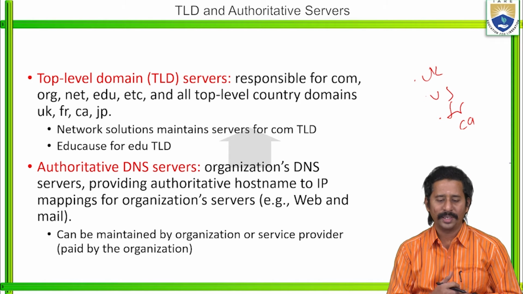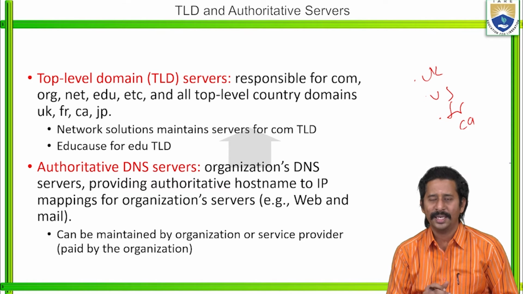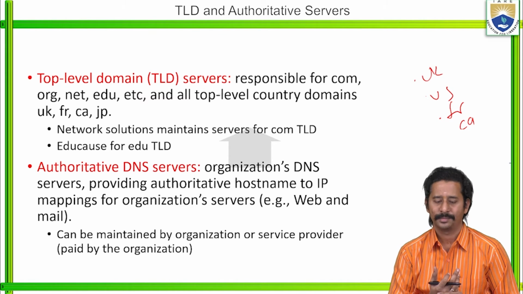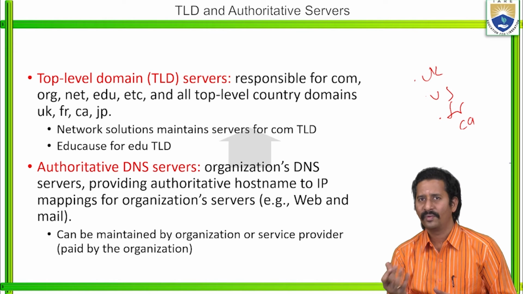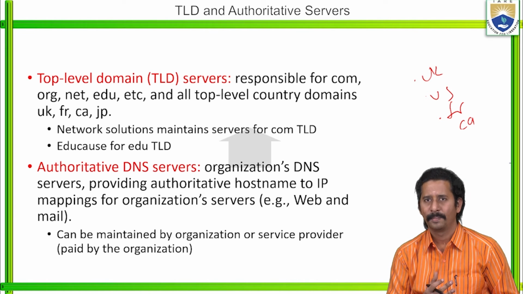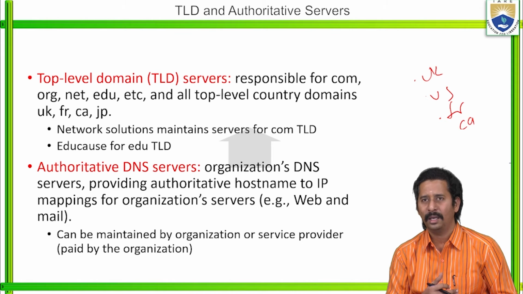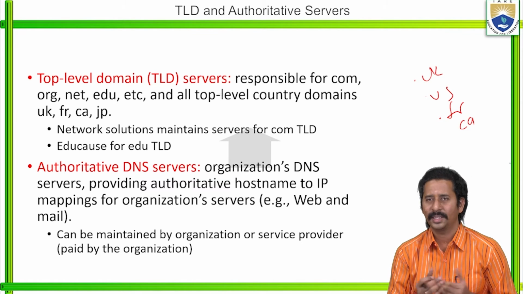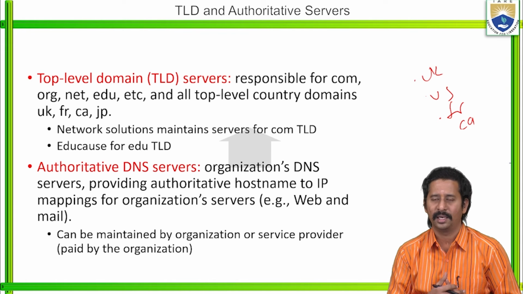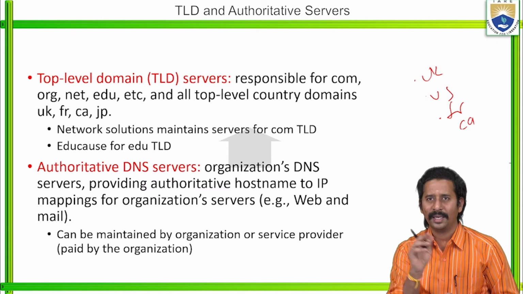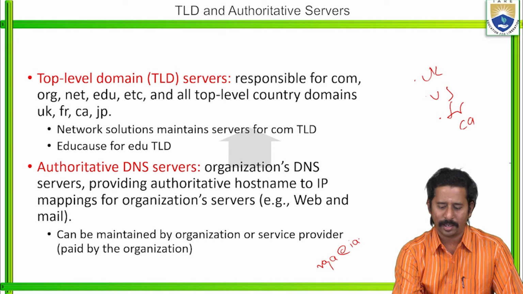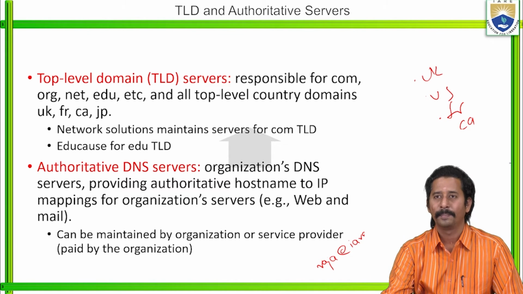So what are the authoritative DNS servers? See, any organization's DNS servers which provide authoritative host name to IP mappings for the organization's servers. Example, web and email. See, for example, we have different types of mail IDs, right? One is a personal mail ID, another one is an official mail ID. That particular official mail ID, for example, raja@iare.ac.in.